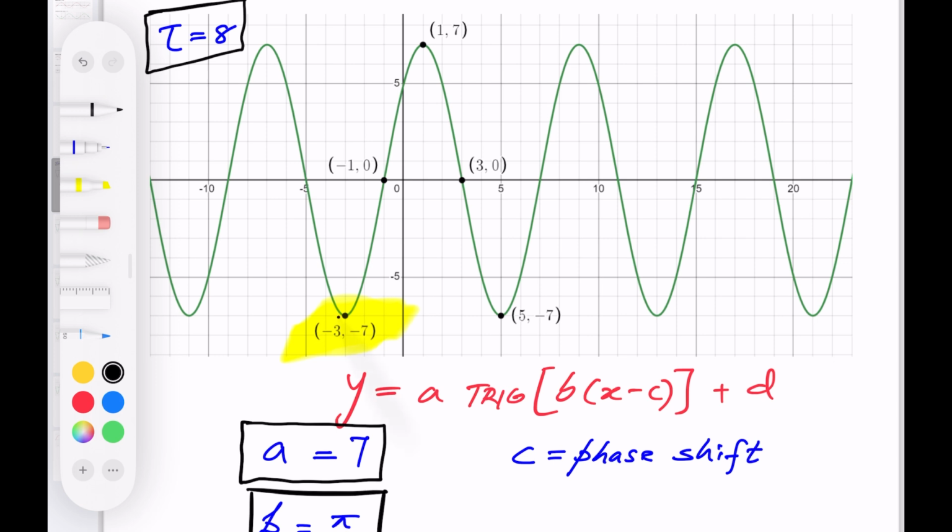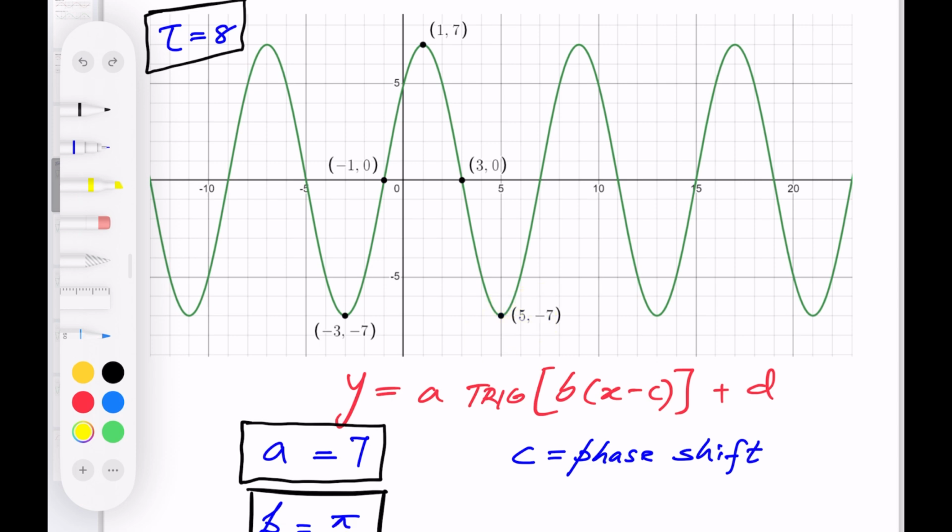Therefore, c is equal to -3. It is simply the x-coordinate of the selected starting point. If I look at the point right here, c is equal to -1. If I selected the point right here, c is equal to 3. If I selected the point right here as the starting point, c is going to be equal to 5.